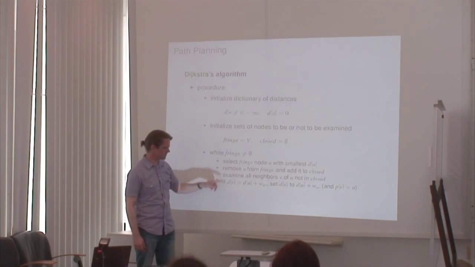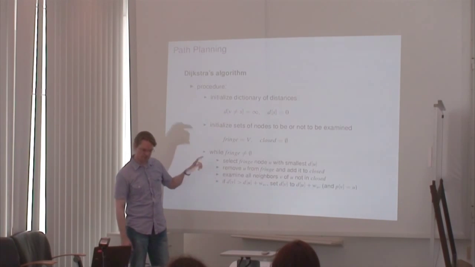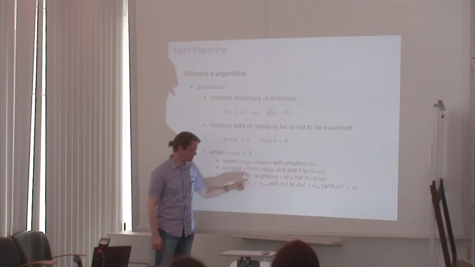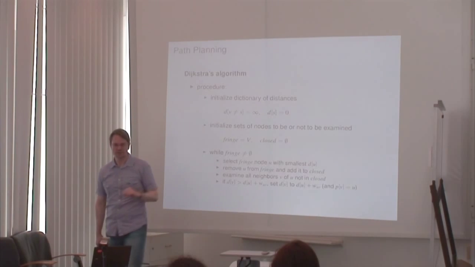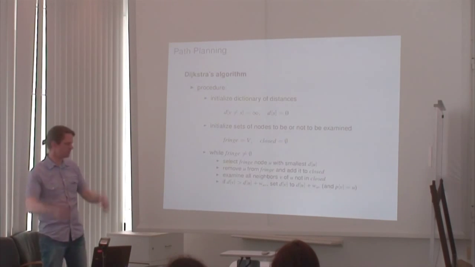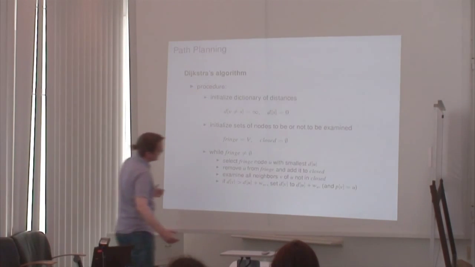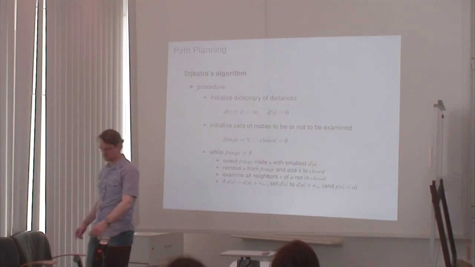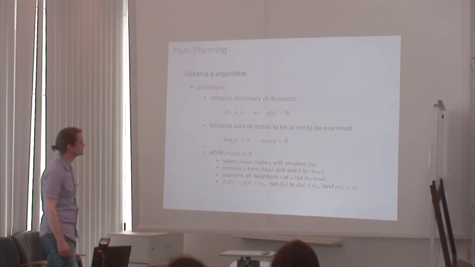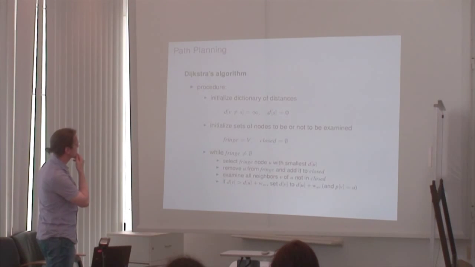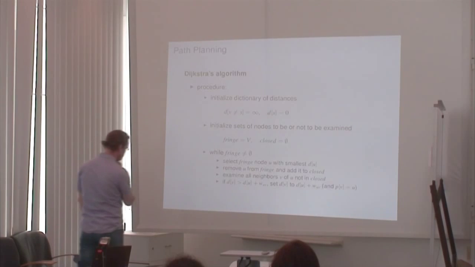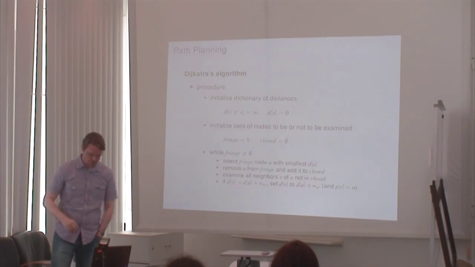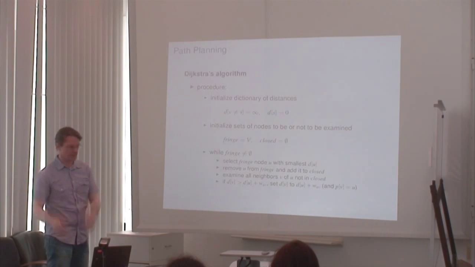If this distance that was previously assigned to a neighbor v of u exceeds this term, then we update the distance of that neighbor v accordingly. And you may also set this dictionary of predecessors accordingly in order to compute path. So that is Dijkstra's algorithm. It's certainly one of the most beautiful algorithms in all of computer science. Very important breakthrough in a sense.